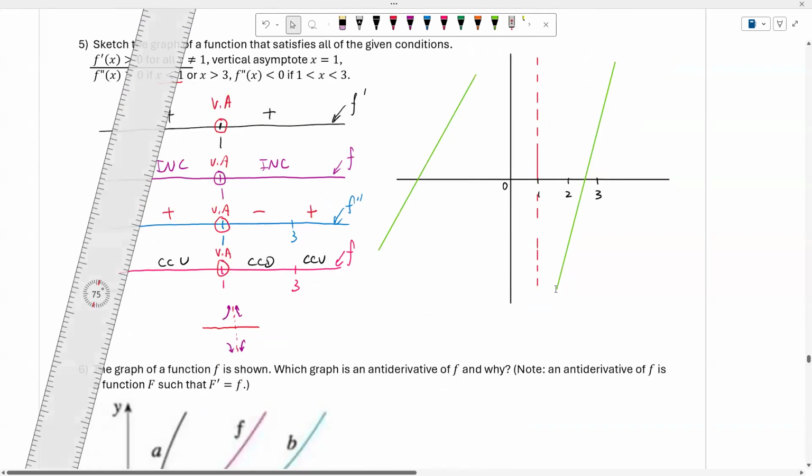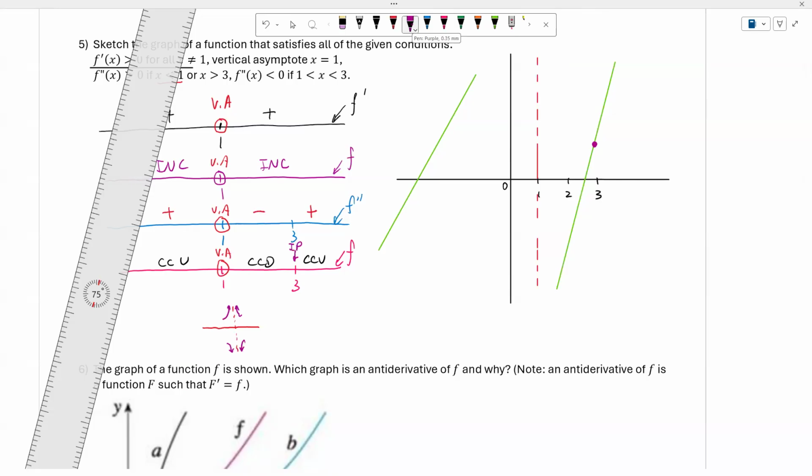And now I have more information: we have an inflection point at x equal to 3. Then let's work out the graph.